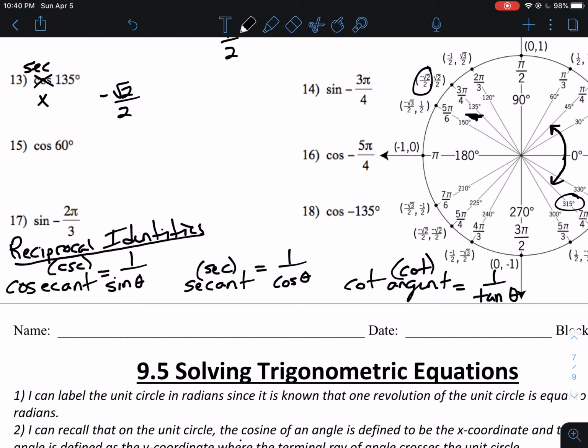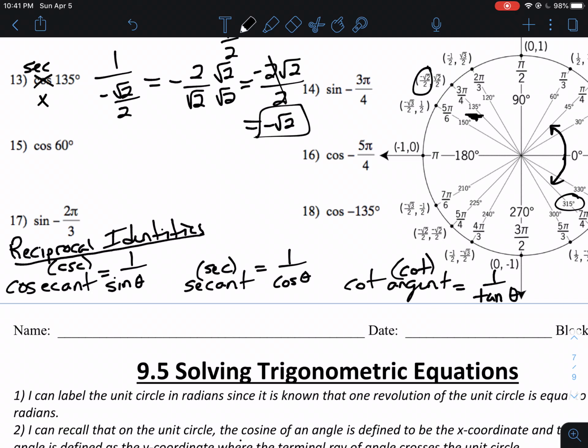The only difference between cosine and secant is your reciprocal, so it's 1 over that. The reciprocal of negative square root of 2 over 2 would be negative 2 over the square root of 2. And then you'd have a little bit of rationalizing left to do here. If you multiply by square root of 2 over square root of 2, you end up with negative square root of 2 over 2 divided by 2. And then that simplifies to just be negative square root of 2.